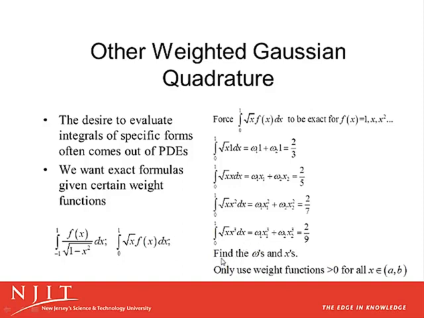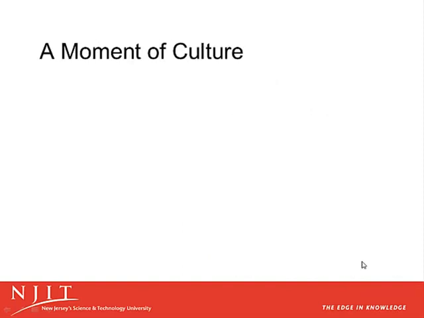And again, we can transform the interval however we like, in the appropriate manner, as we did before, to solve integrals on different intervals. We have to be careful that we should only use weight functions, square root of x, for instance, in this case, or 1 over square root of 1 minus x squared, in this other case, that are greater than 0 for all x in the interval from a to b.